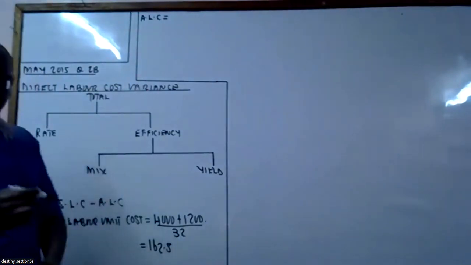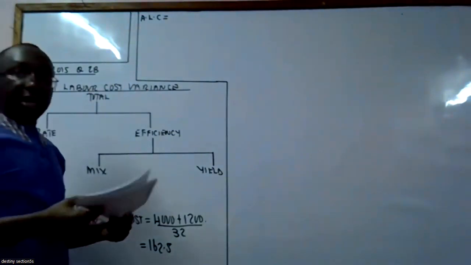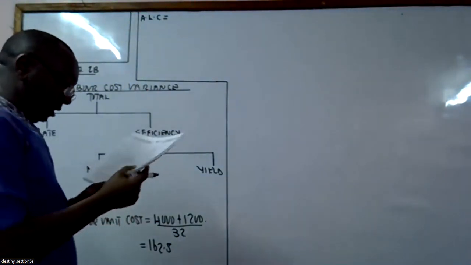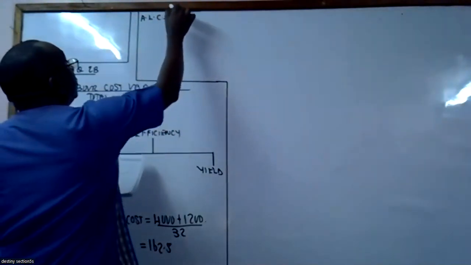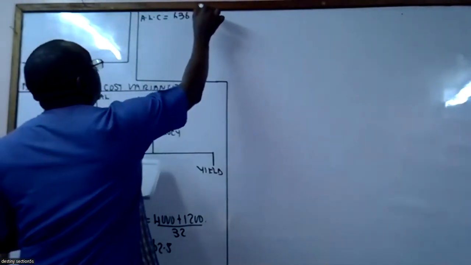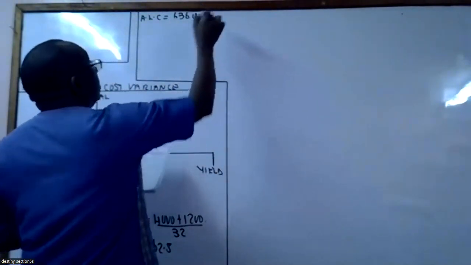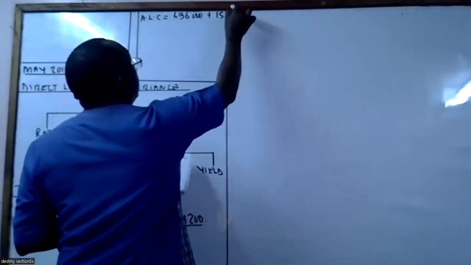Actual labor cost. You just add what is there. Down there in number 2, we have 636,000 plus 151,200.